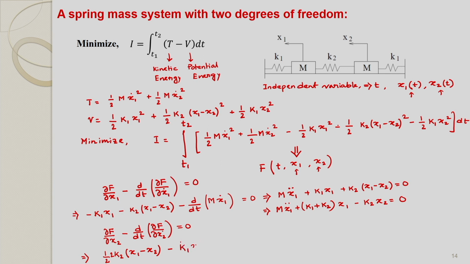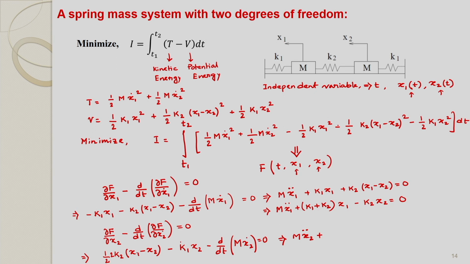This will be k1 x2, again del f del x2 dot will give us m x2 dot equal to 0. So, finally, m x2 double dot plus.